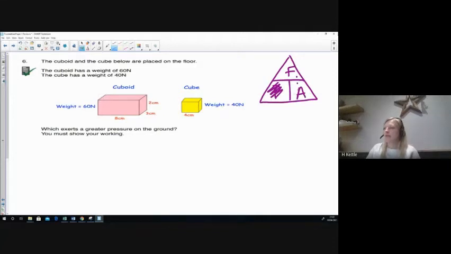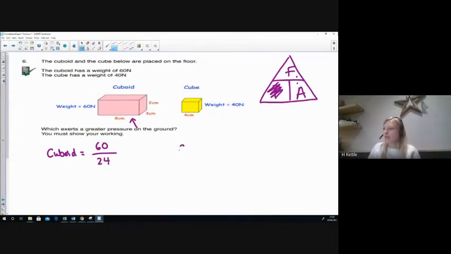Force divided by area. So for the cuboid, to get the pressure, we need to do the force, which is 60 newtons, divided by the area that's on the floor. So the area that's on the floor is going to be the area of the face on the underneath. And the area of that face would be 8 times 3, so 24.